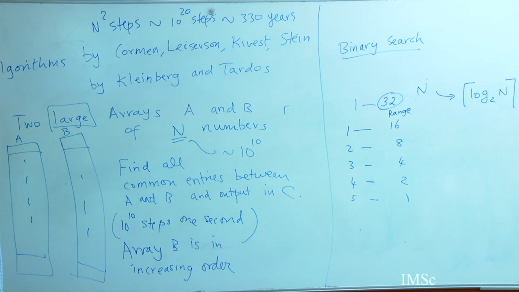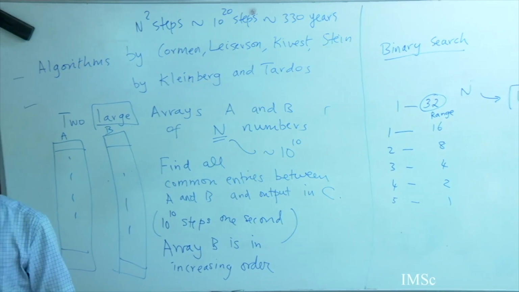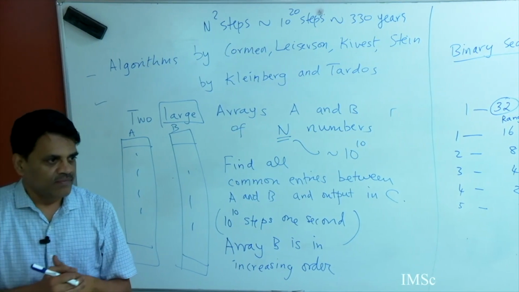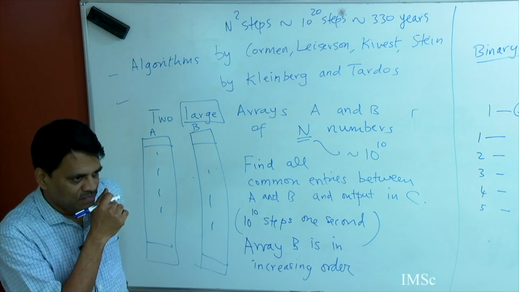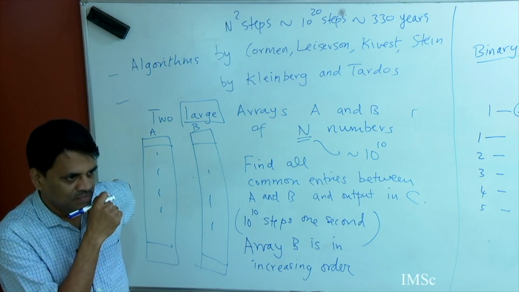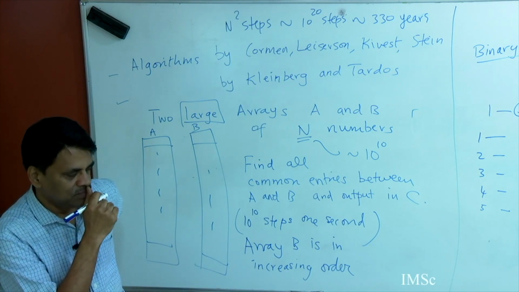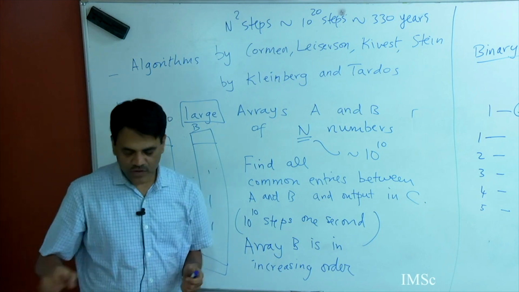As each step we are splitting into two, there's still something missing. So the answer is that we are dividing the range by a factor of 2 every time.